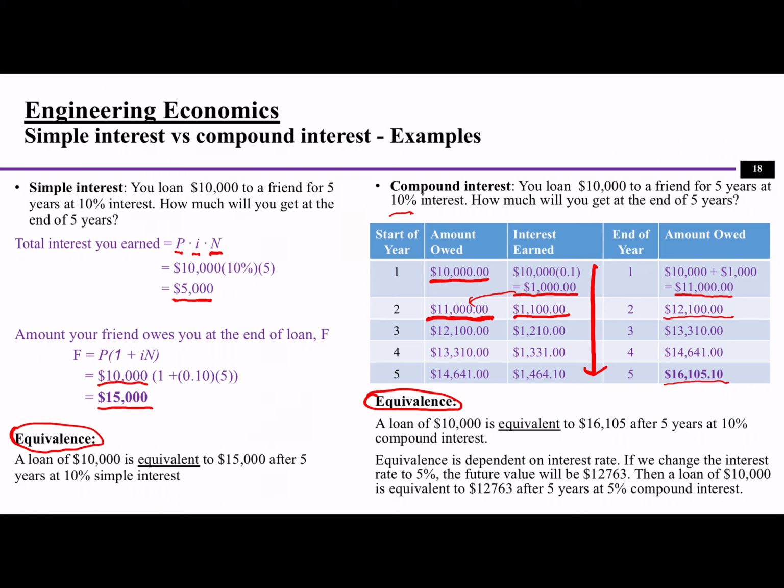And in this case, a loan of $10,000 is equivalent to $16,105 after 5 years at 10% compound interest. Right. So you can tell the equivalence is really dependent on the interest rate. If we change the interest rate to 5%, the future value will be a different number.